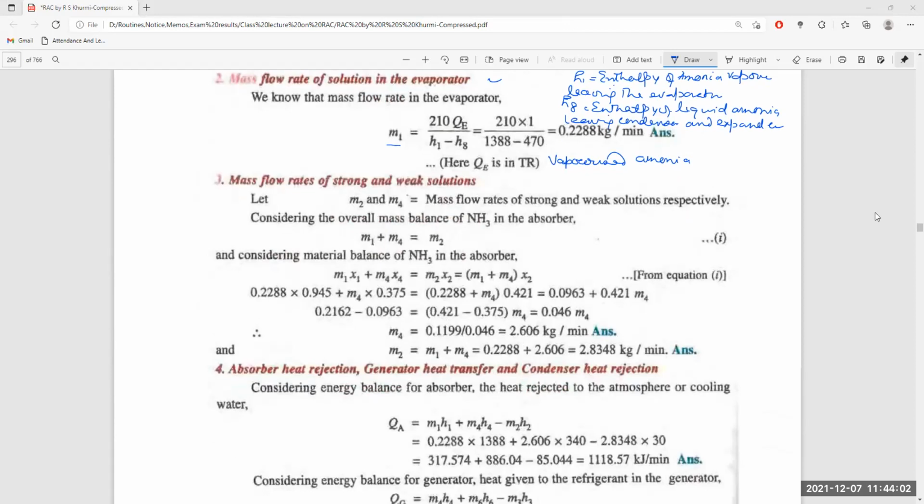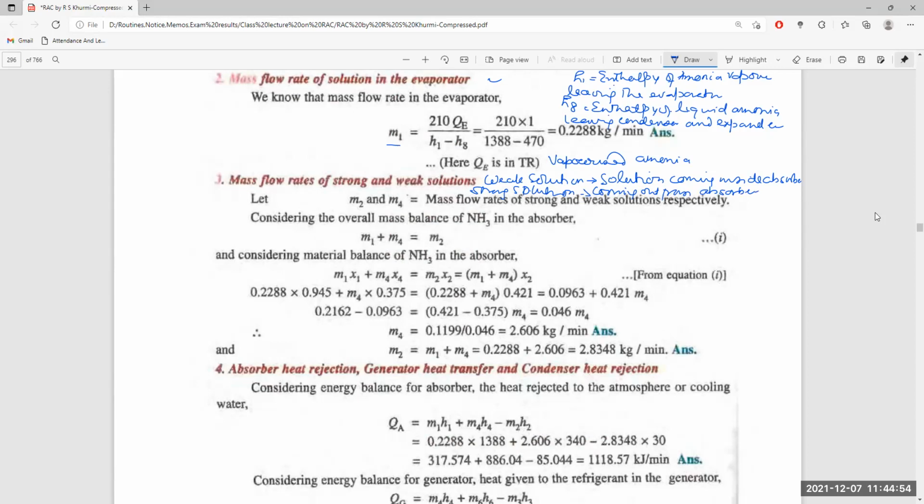Now, mass flow rates of strong and weak solution. What is that? Absorber, strong and weak solution: the weak solution coming inside the absorber, and the strong solution coming out from the absorber.